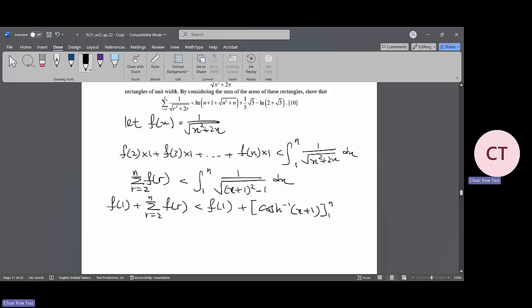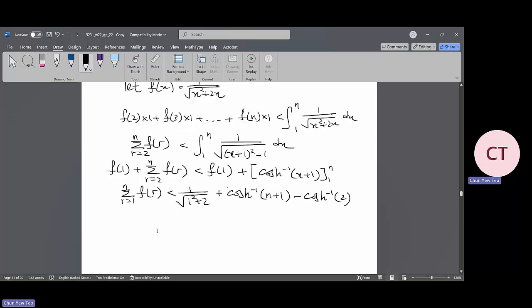So now your left-hand side can become this already. And f(1) is 1 over square root of 1 squared plus 2. Okay. So your right-hand side will be the arcosh of n plus 1 minus the arcosh of 2.